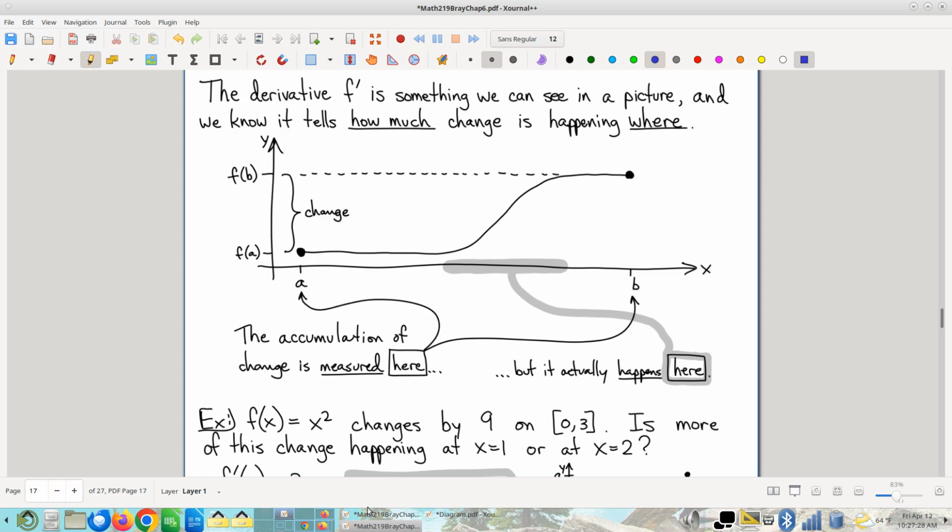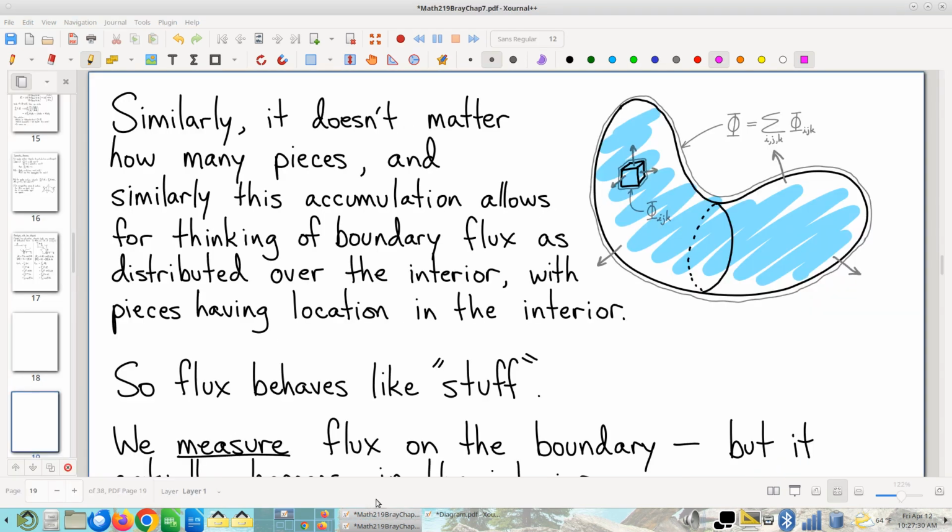That same point of view is what I want you to encourage in yourself when you're thinking about boundary flux.